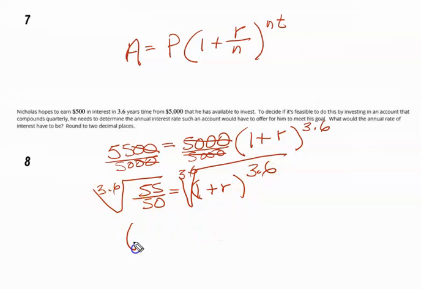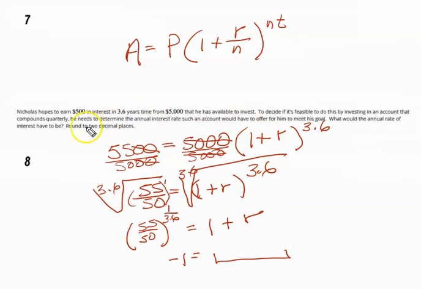Remember, this is going to be 55 over 50, and the exponent is 1, which is the exponent there, over 3.6 equals just the radicand here, 1 plus r. We're going to do this, get a value, subtract 1, and then round the rate to 2 decimal places.